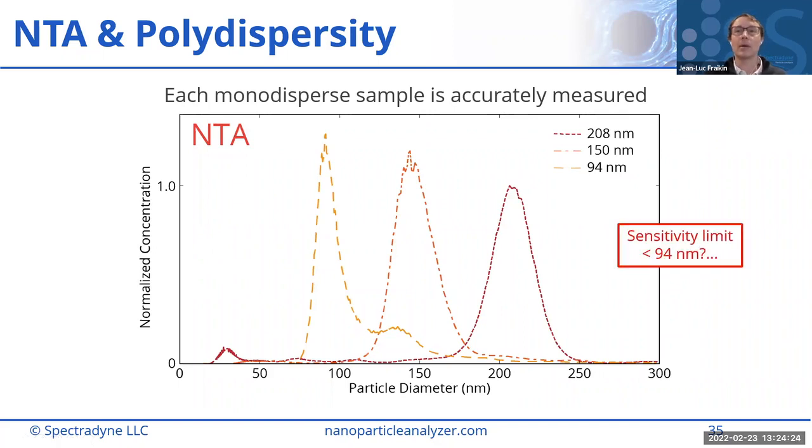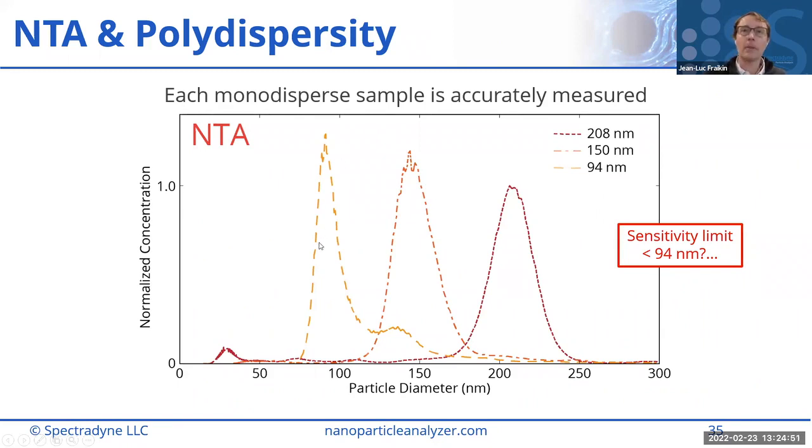So from this experiment, we might suppose that the sensitivity of the NTA method should be less than 94 nanometers diameter. What complicates that conclusion is when we start looking at a polydispersed sample. If we mix these 3 particles together, we would expect to have all 3 particle populations in the sample.